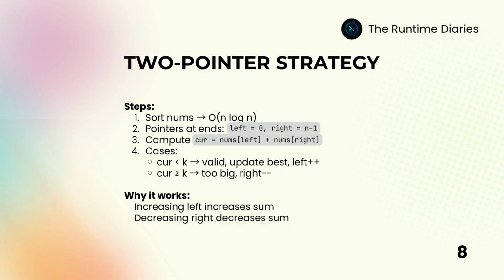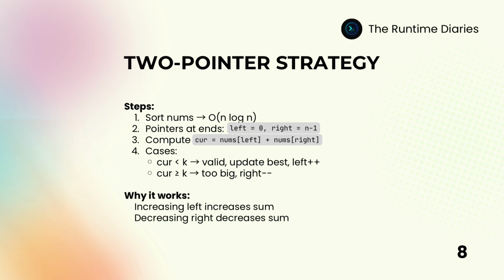Here's the full two-pointer logic. First, sort the array. Second, set left equal to 0 and right equal to n-1. Third, compute the current sum, nums[left] plus nums[right]. Now, there are two cases. If the current sum is less than k, this is a valid sum.